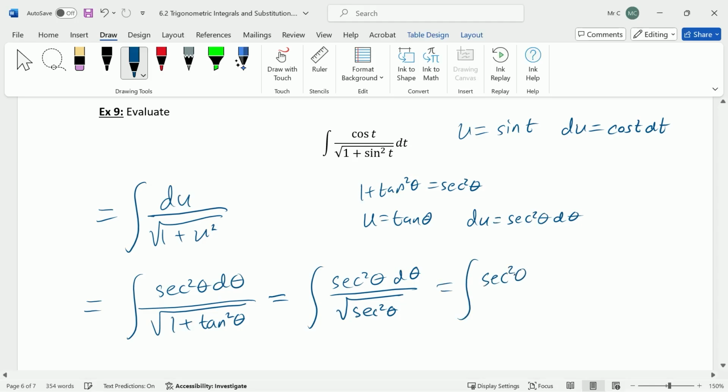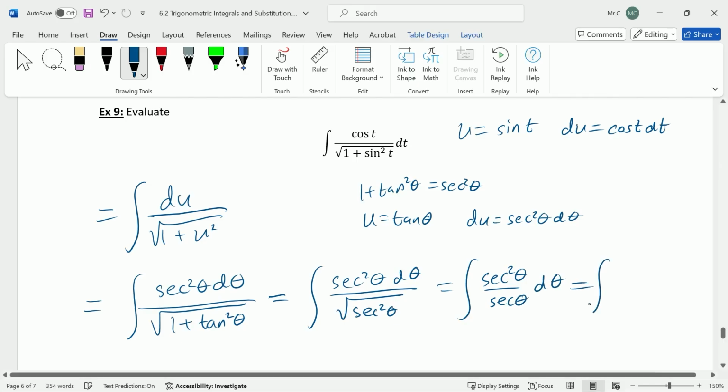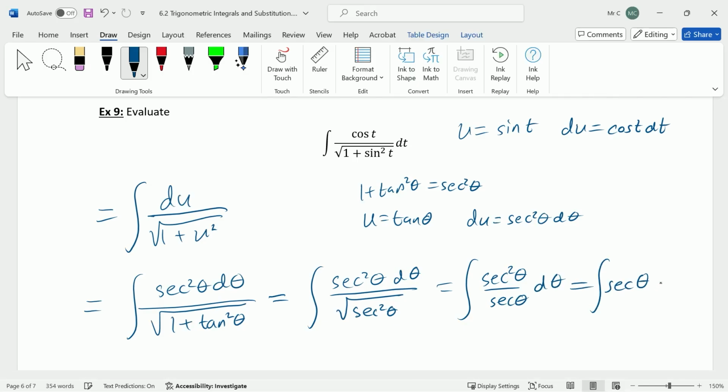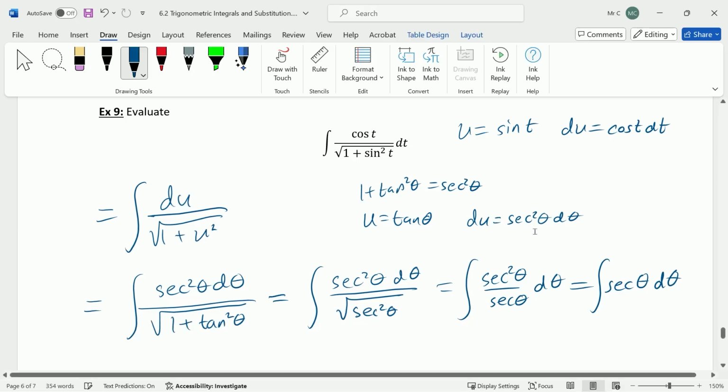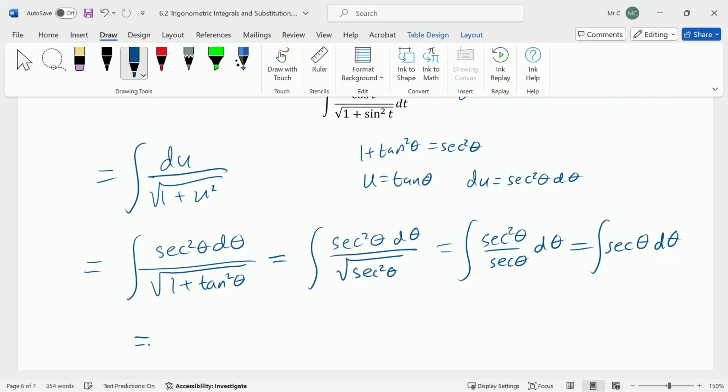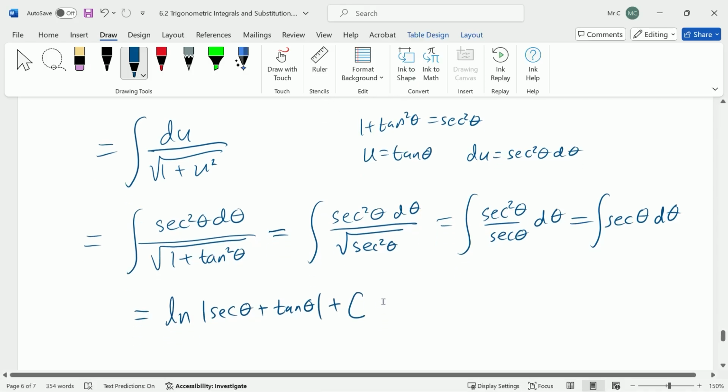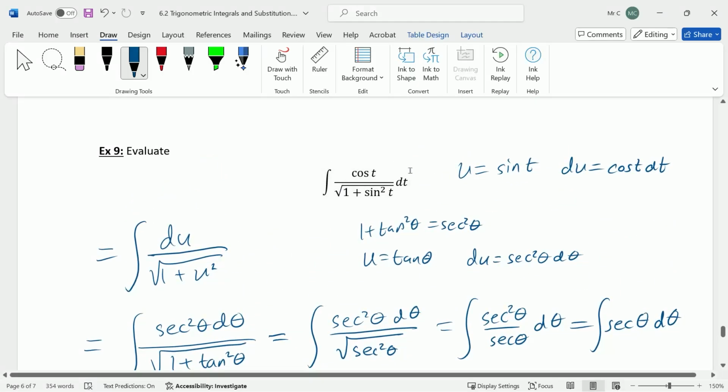So this becomes secant squared of theta over secant of theta d theta, and that simplifies to the integral of secant of theta d theta. Now we already know the formula for that antiderivative, so we get ln of secant of theta plus tangent of theta plus a constant. But now we have to do 2 rounds of substitution to get back to our original variable of t.